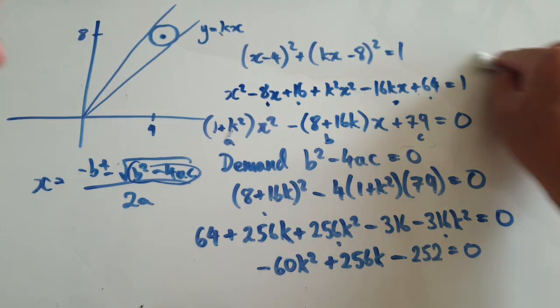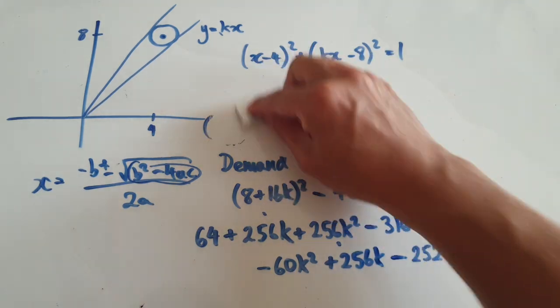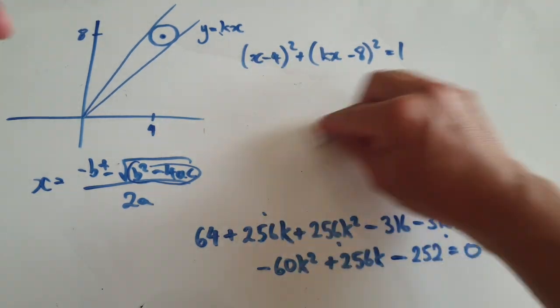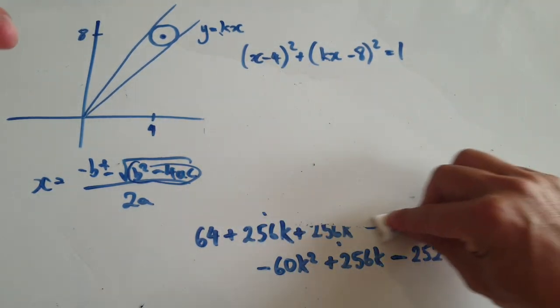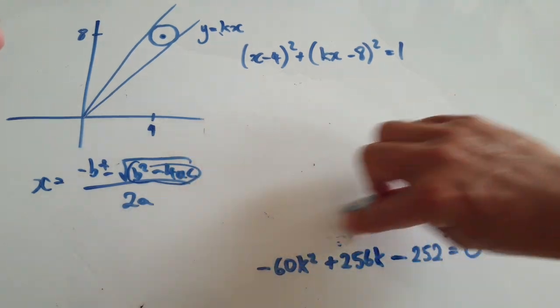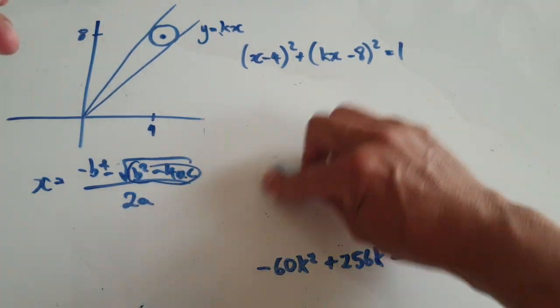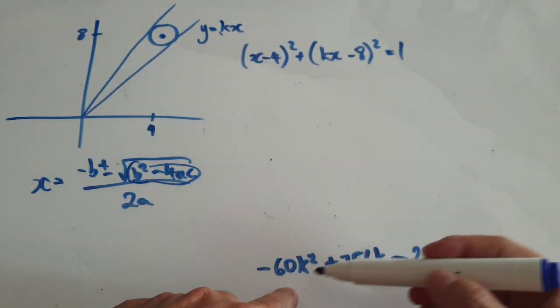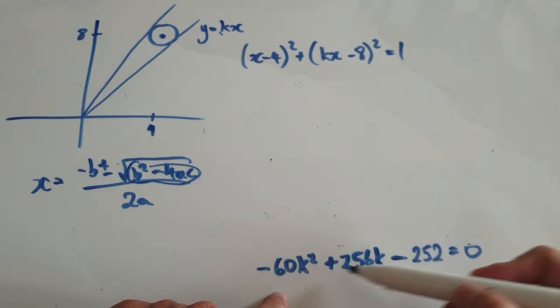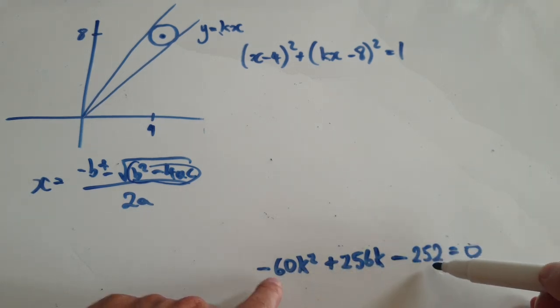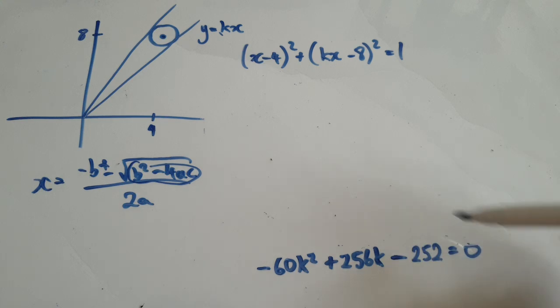Okay, so hang on, let me clean this up. Before you try and solve this, clean this up, because they're even numbers, you can divide everything by 2.